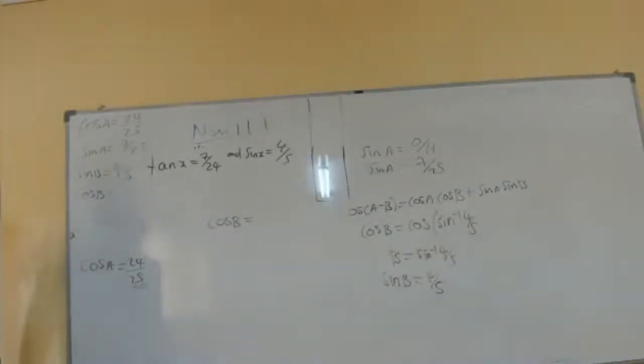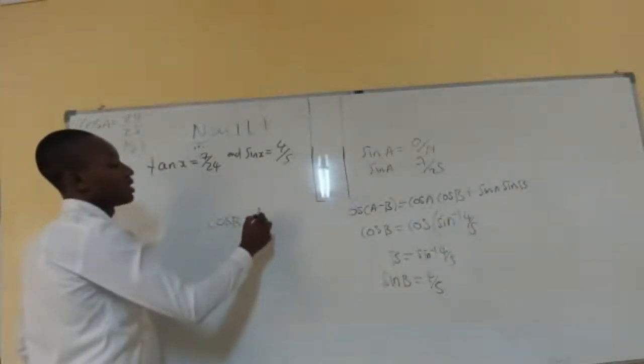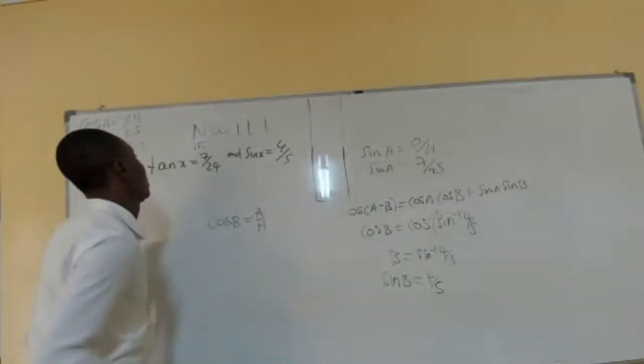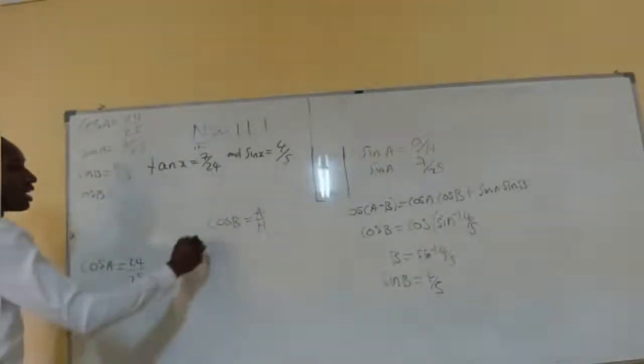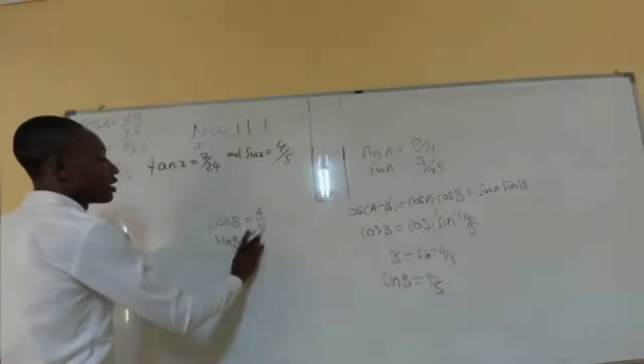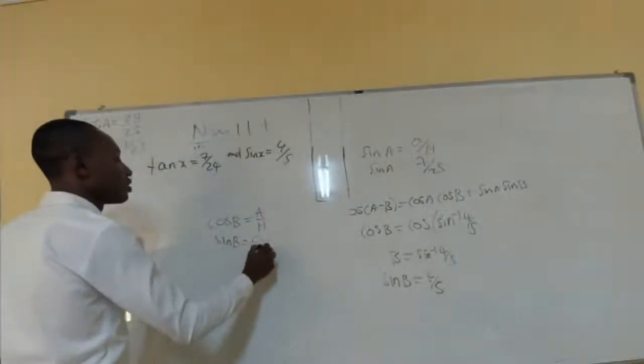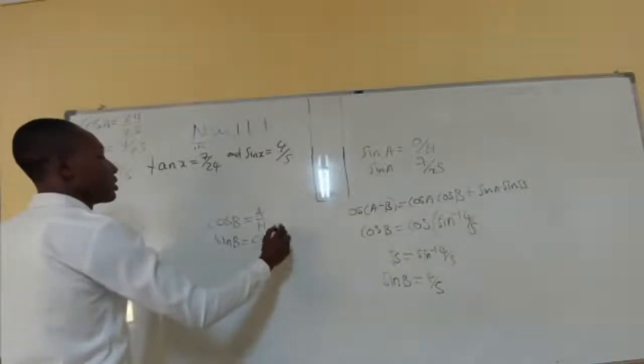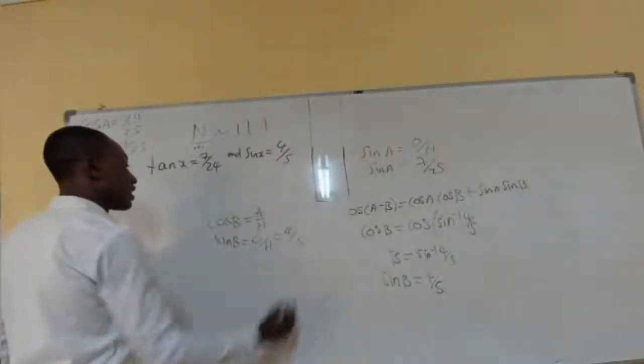We know that cos is adjacent over hypotenuse, but what we've been given is sine B, which is 4 over 5. Sine B is opposite over hypotenuse, so the opposite is 4 and the hypotenuse is 5.